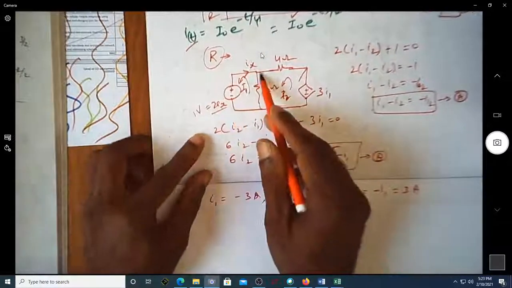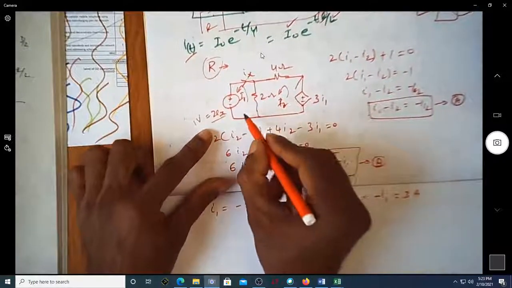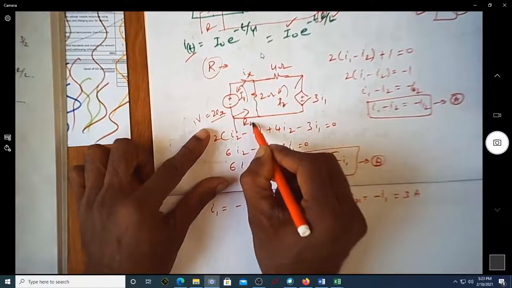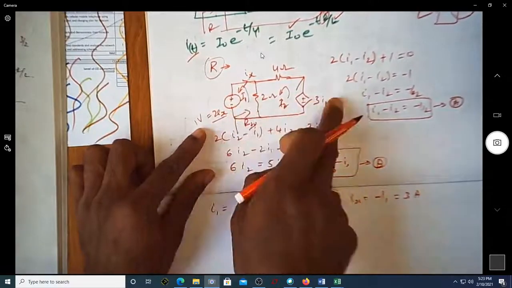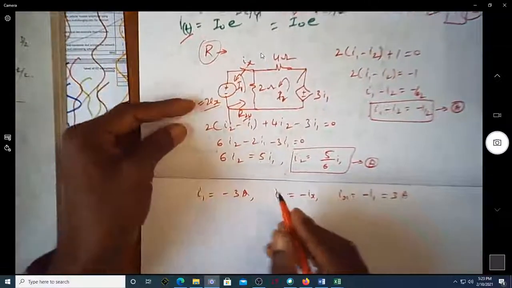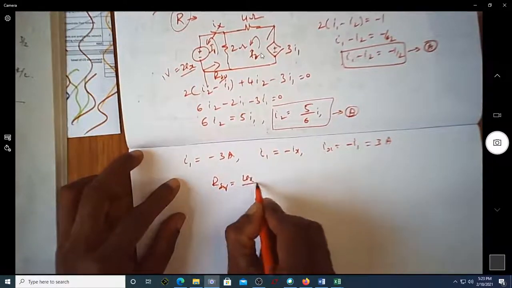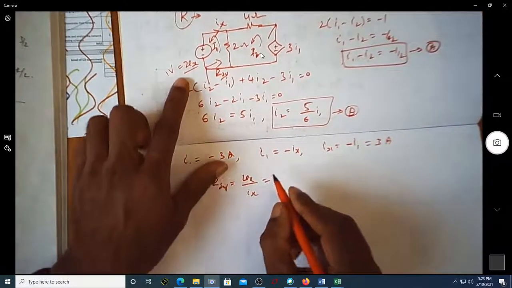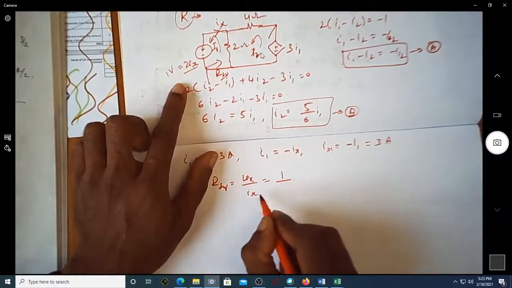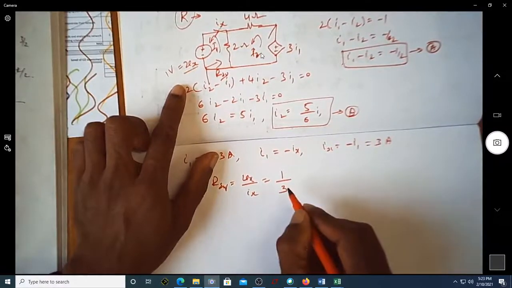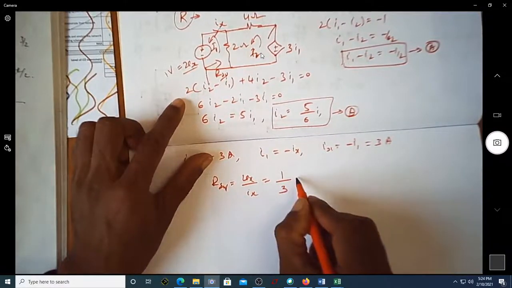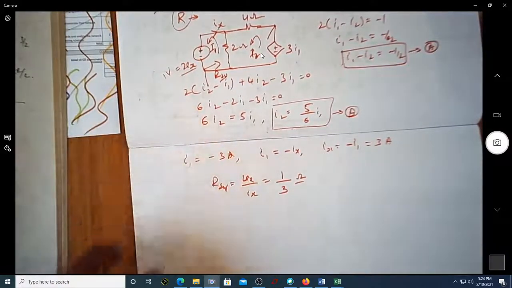I require Ix to find the equivalent resistance you are seeing towards the right side. R equivalent is Vx by Ix. Vx is 1 volt and Ix is 3 amperes, so R equivalent is 1 over 3 ohms.